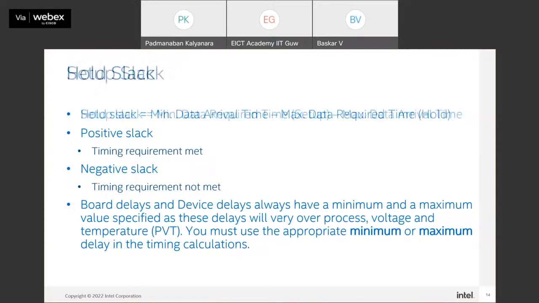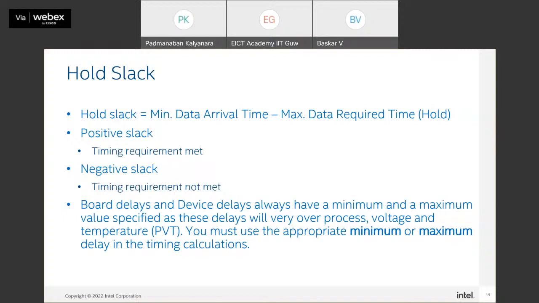Next, we have the hold slack. For hold slack, that is arrival time minus required time, so it is AT minus RT. What we want is for arrival time minus required time to be a positive number. If it is a positive number, you can see that the design is meeting timing and there is no hold violation.